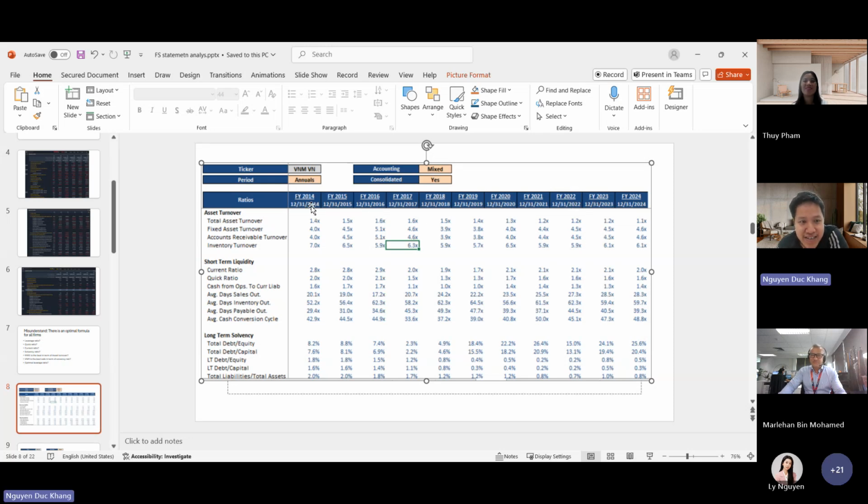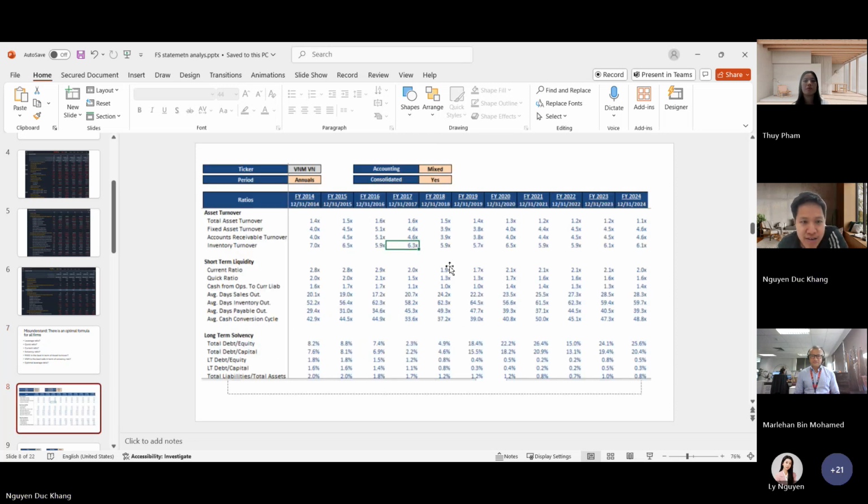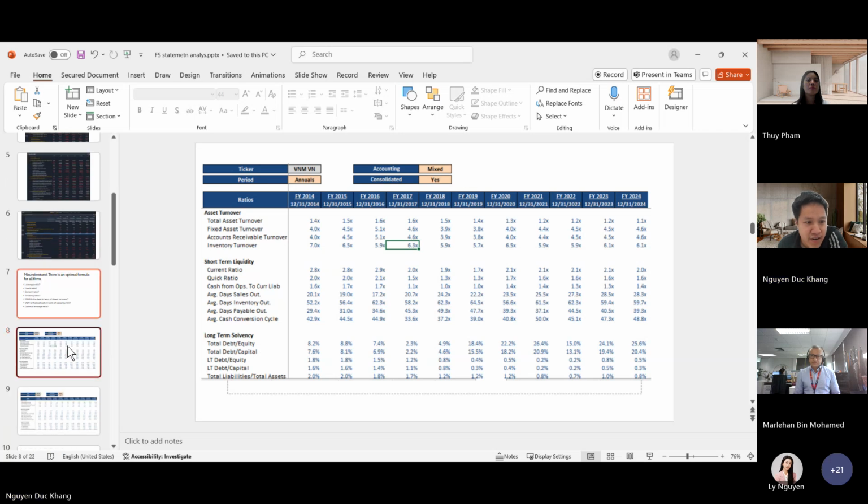So we will look at this, and I have brought some highlights for me to remember what to say here. Vinamilk is the safest in terms of solvency risk. If we look at some ratios, Vinamilk has a current ratio of 2 times and a quick ratio of 1.6.